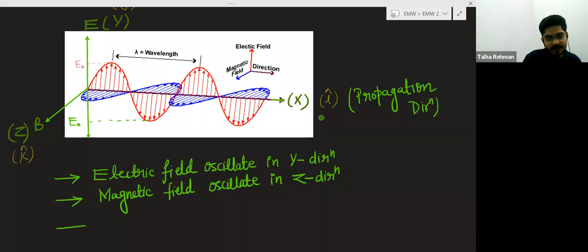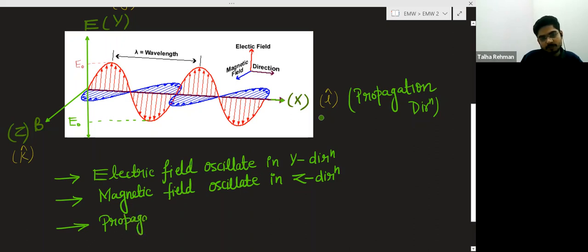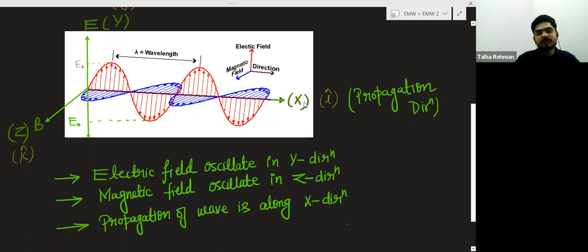So here you can write: propagation of the wave is along the x direction.